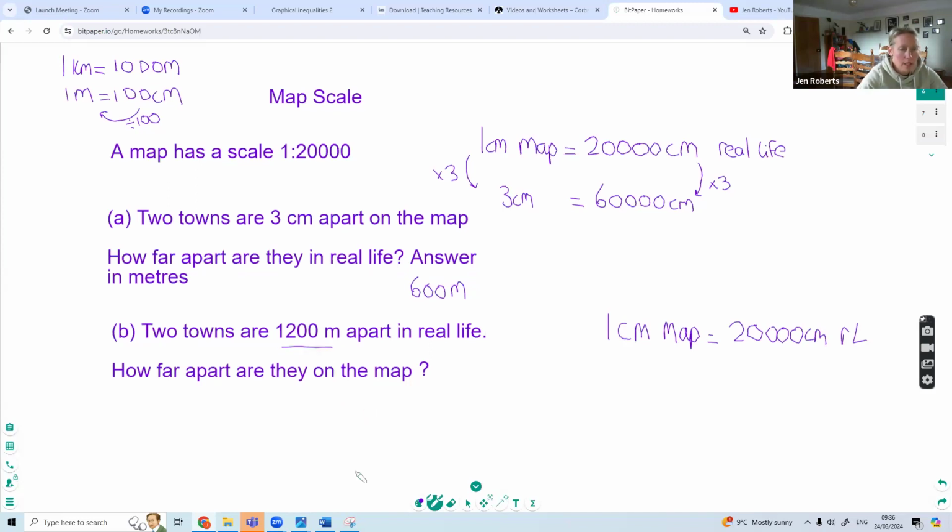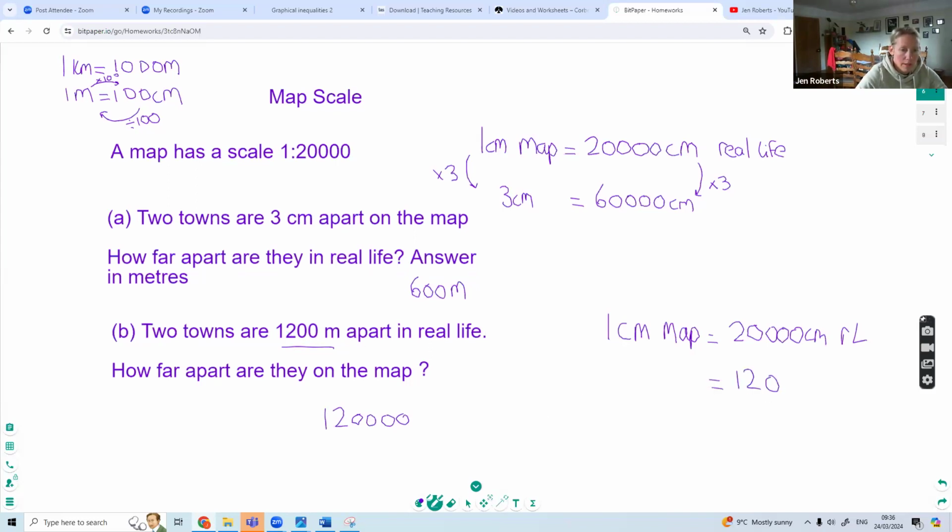This is in metres. We need to have it in centimetres. So how do you convert metres to centimetres? Times it by 100. So 1,200 metres times 100 is 120,000 centimetres.